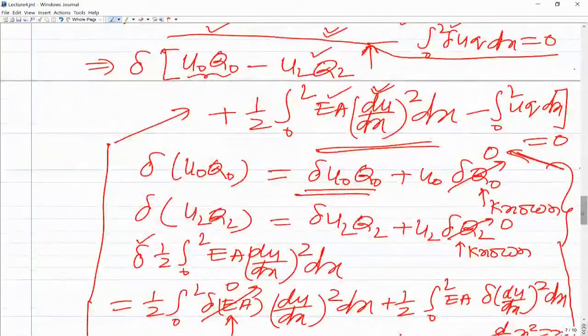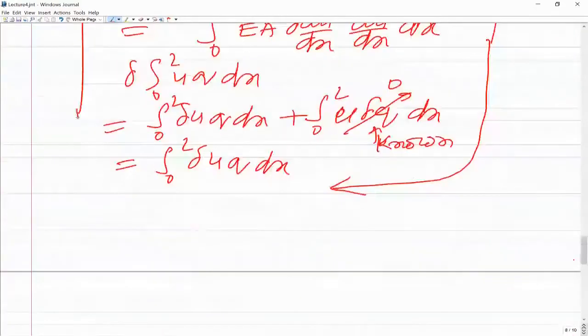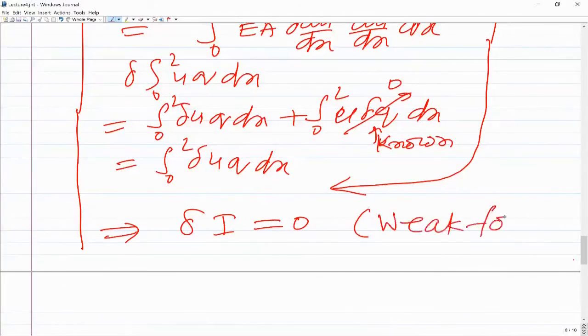So now if you look at that equation finally, I can say that equation as delta of I equal to 0. Now this is essentially the weak form. It is still the weak form, only we have written it in terms of delta I equal to 0. So this is your weak form after putting w equal to delta u and taking the variational operator delta common.